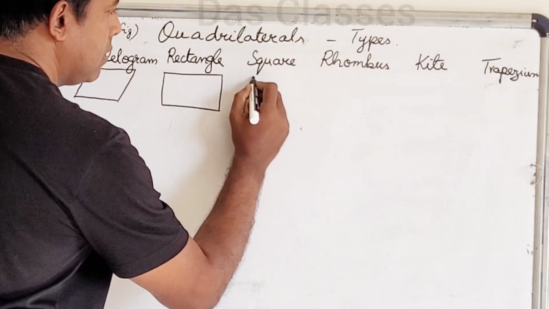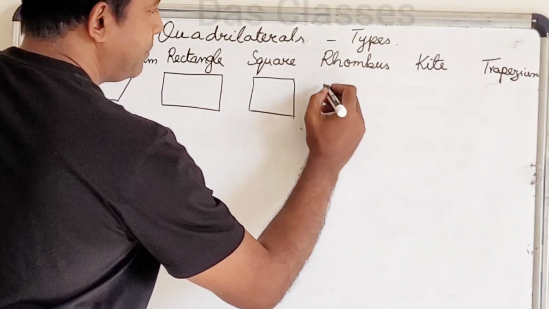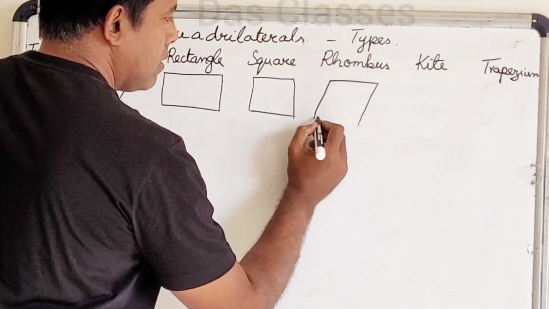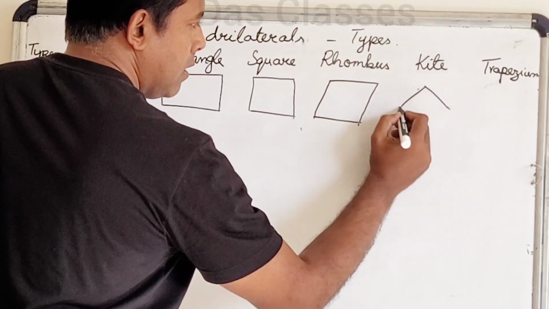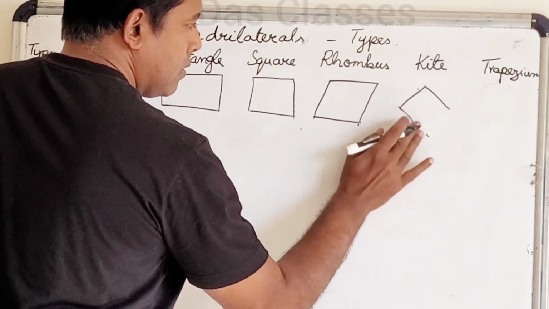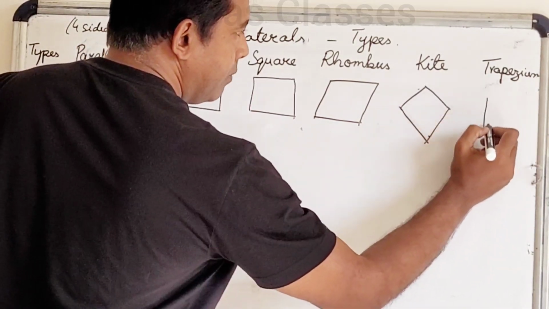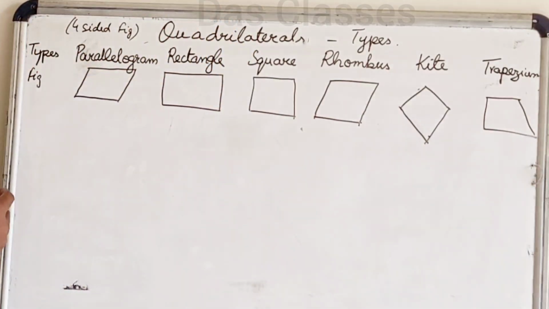Square, rhombus, kite, and trapezium. So these are the figures.